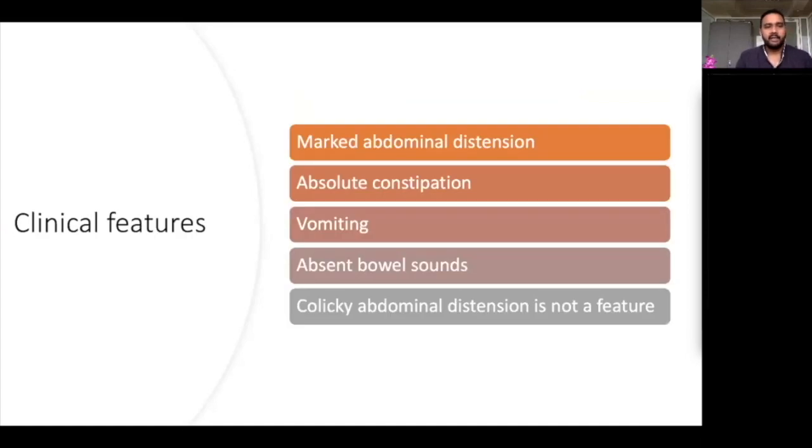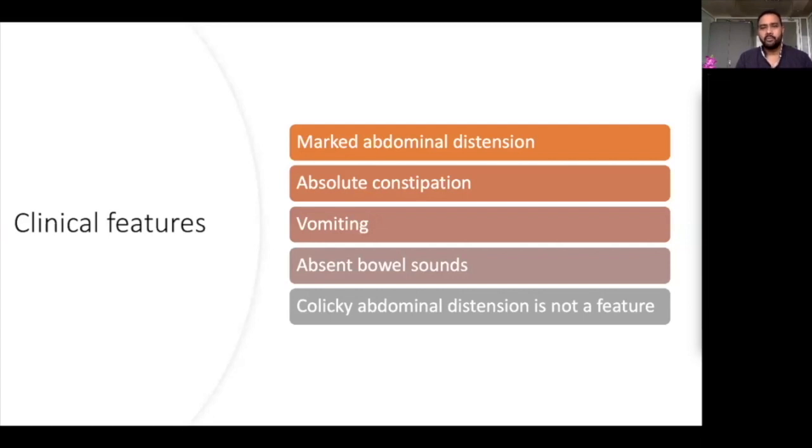Next one, what are the clinical features of paralytic ileus? To recall mechanical or dynamic intestinal obstruction, we have discussed that in proximal small bowel obstruction you mostly have vomiting. In distal small bowel obstruction, people prominently have colicky abdominal pain.